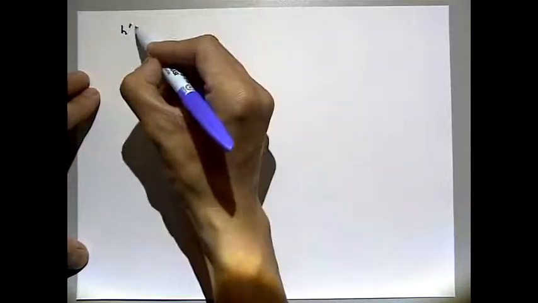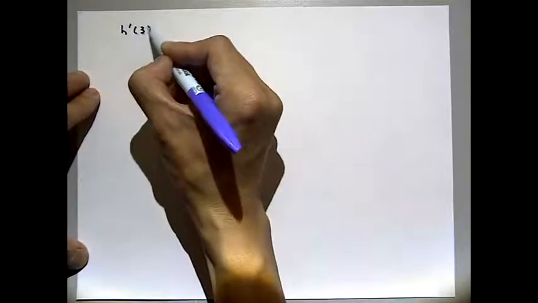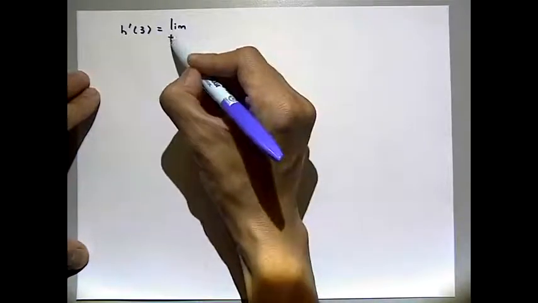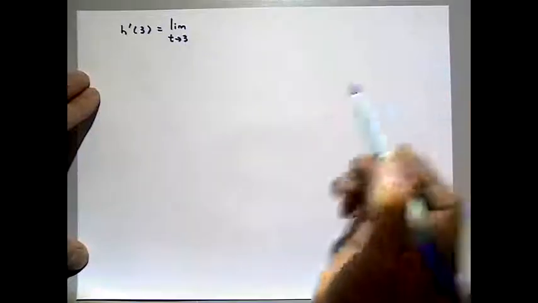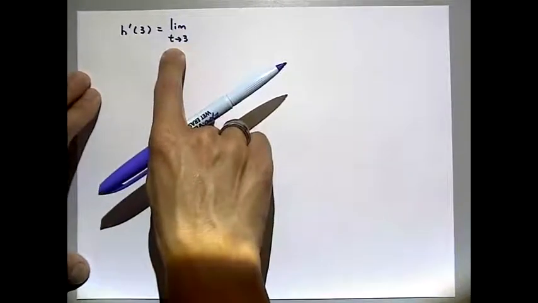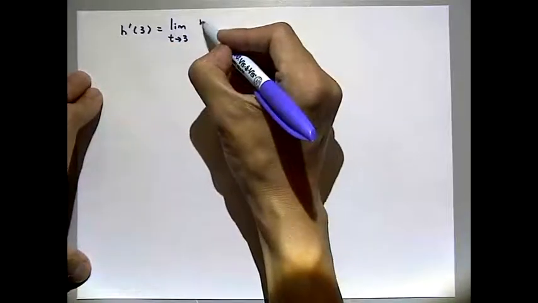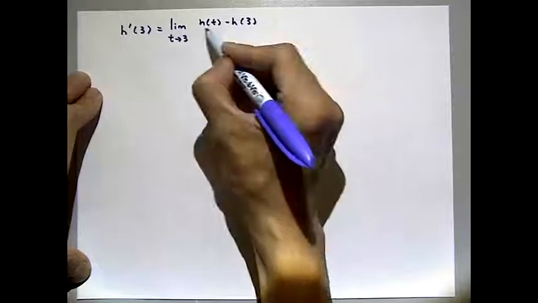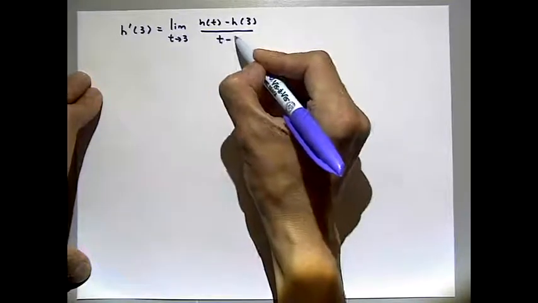So let's use the first form. We want to know h prime at t equal to 3. The second form is when we move the second point whose t value is unknown. h of t minus h of 3 over t minus 3.